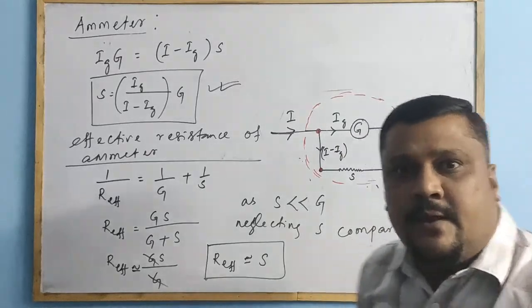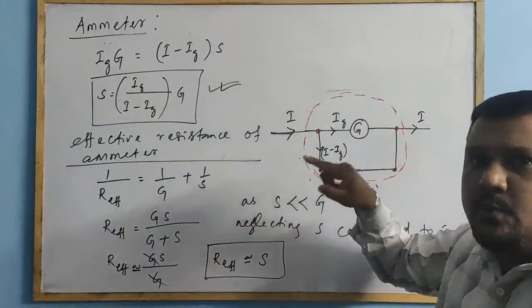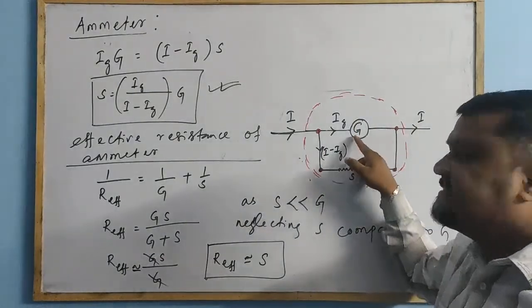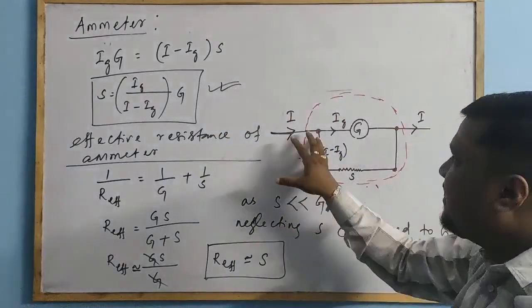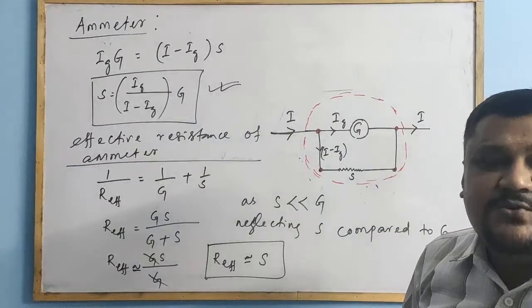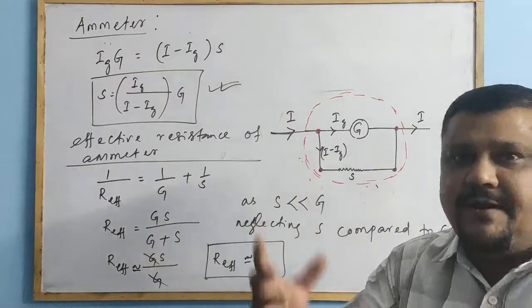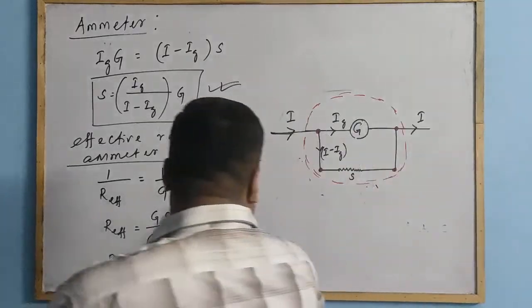Why? Don't get confused. To convert the galvanometer to an ammeter, a shunt is used in parallel. Now this ammeter is connected in series to the circuit. So this is about the conversion and effective resistance.